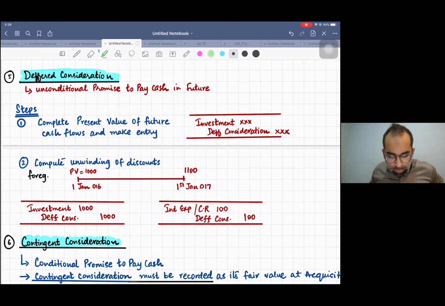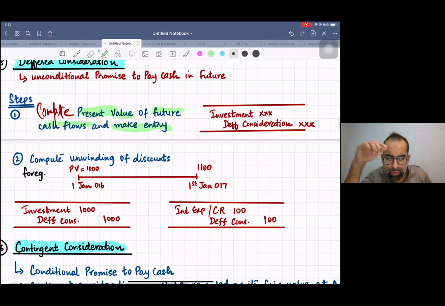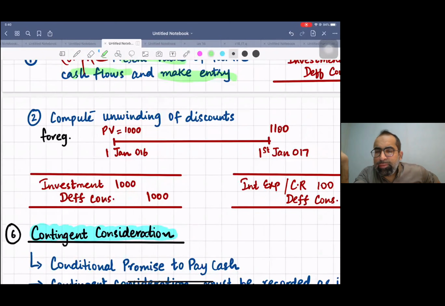So what is the first step? Compute the present value of future cash flows, and make the entry. Wait, first of all, see the screen: if you are paying, you have to pay 1100 after 1 year.